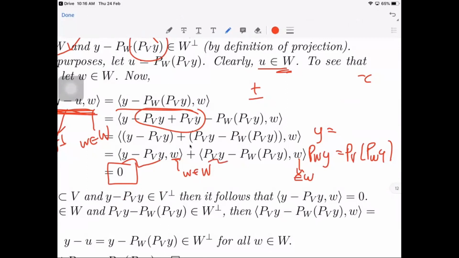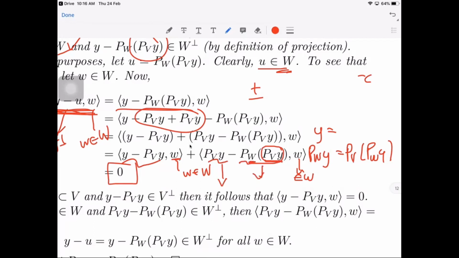Kini asa ni? Projection of Y unto V. Na siya sa V. And then kwaon nimo the projection of y unto w.